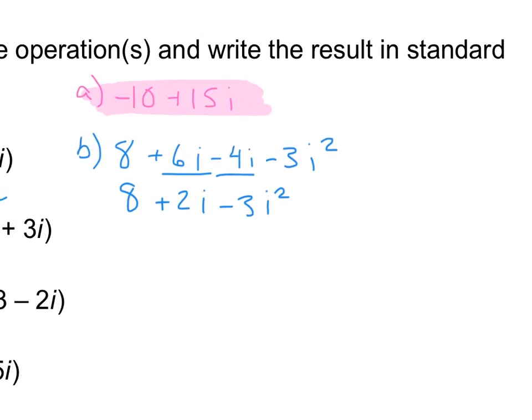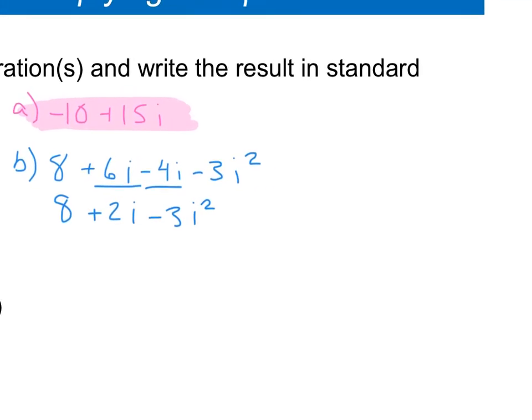When we get an i squared, we can simplify this because we said that i is equal to the square root of negative 1. When we square both sides, i squared becomes negative 1. So we can substitute this i squared and plug in a negative 1 and make this a real number.